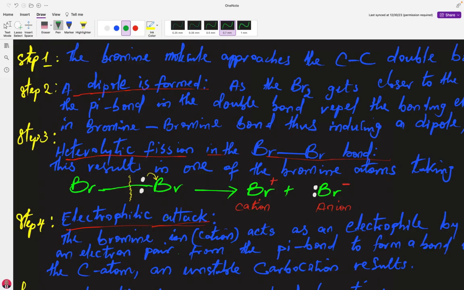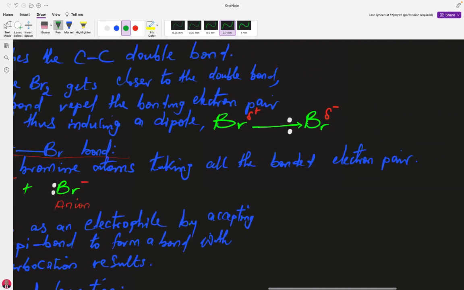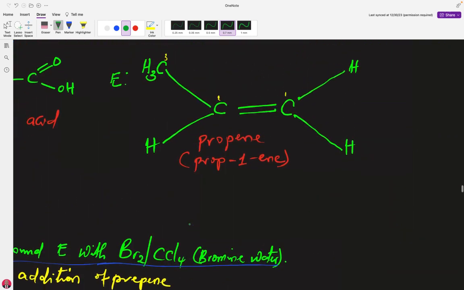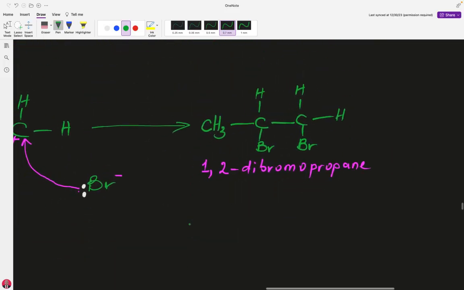So one thing you should know is how to follow this procedure to write the equation in the mechanism. For instance, this mechanism is given here. Let me explain how it works in this equation. For this reaction, this is what was formed.